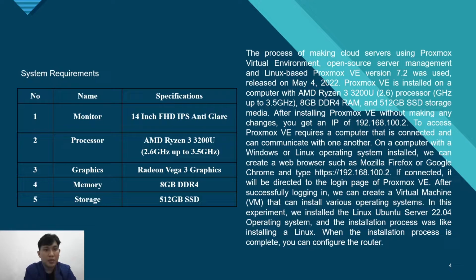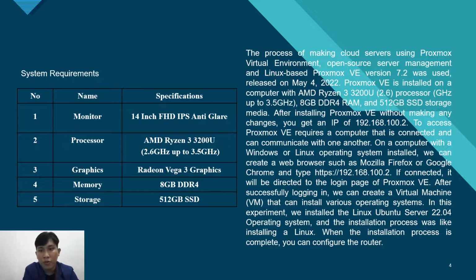System requirements. As you can see, here is the system requirements table. There is a monitor, processor, graphics, memory and storage. The process of making cloud servers uses Proxmox virtual environment, open source server management, and Linux-based.